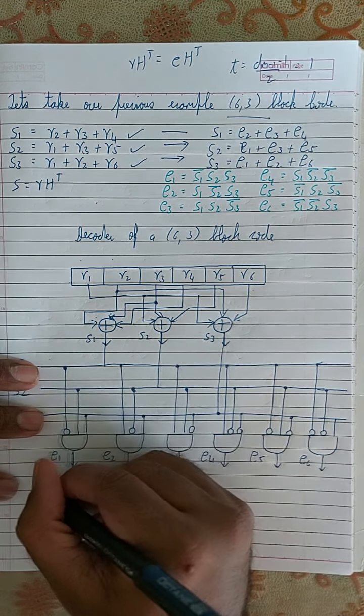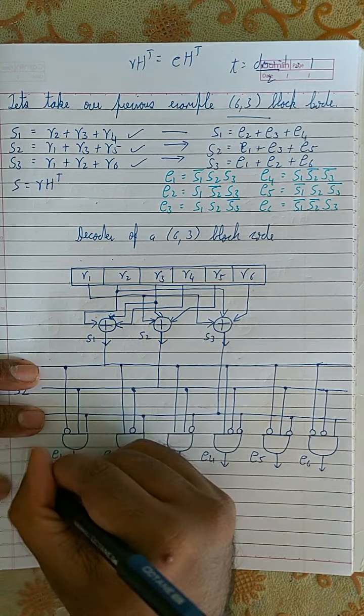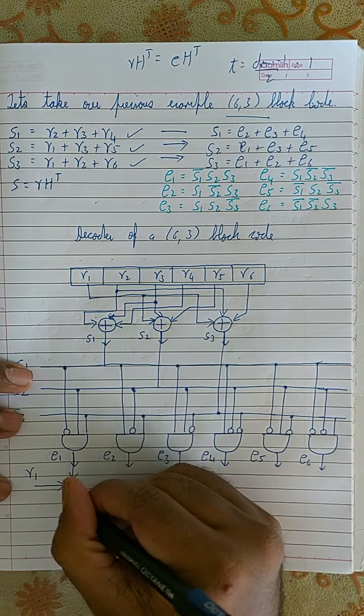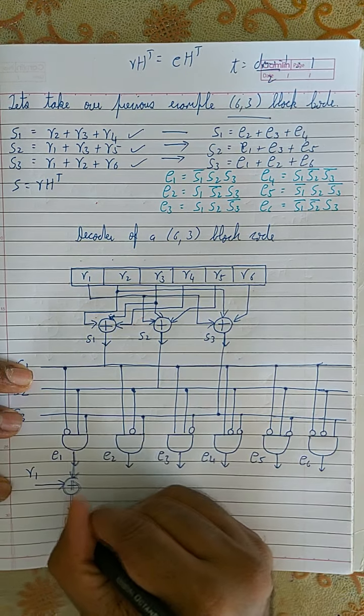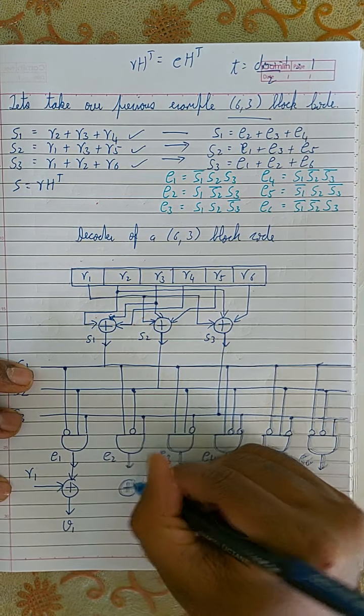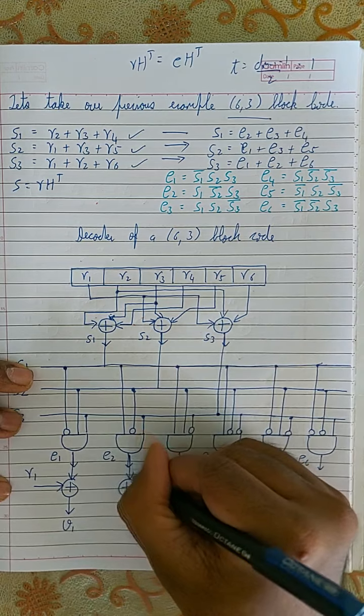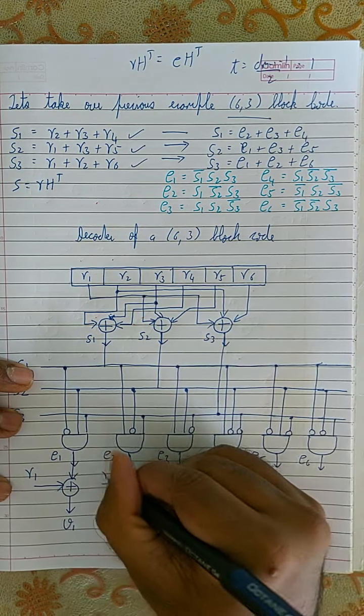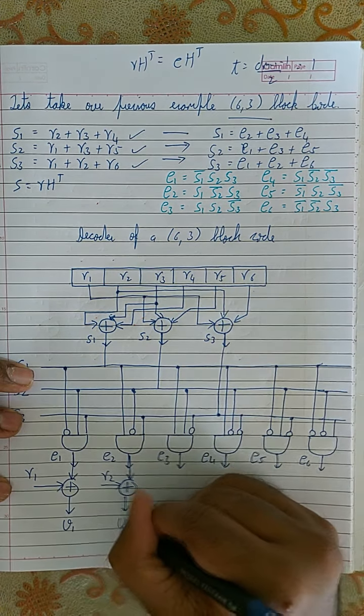So maybe I can just draw this down. If I draw like this, R1 XOR E1, you will get the first correct code word bit, that is V1. Here also, XORing it with R2, you will get V2.